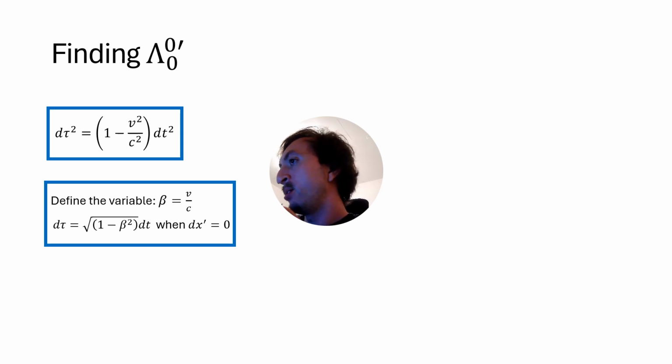So if we substitute in our expression for beta, we can say the time interval, the proper time, is just the square root of 1 minus beta squared, and then outside the square root we have dt.